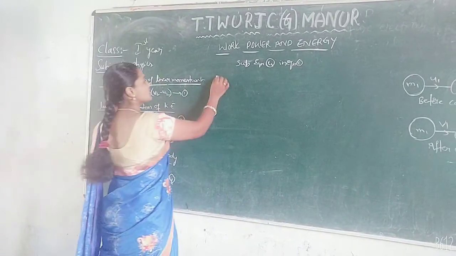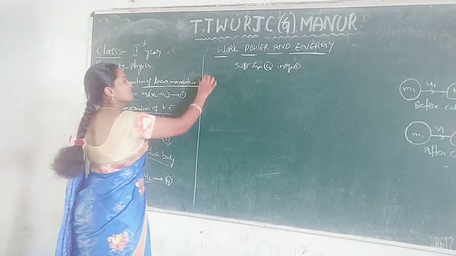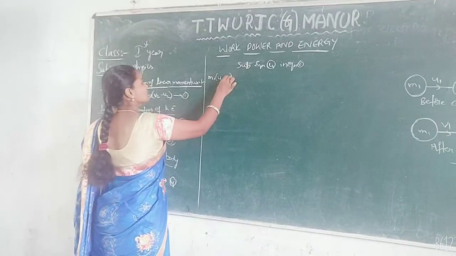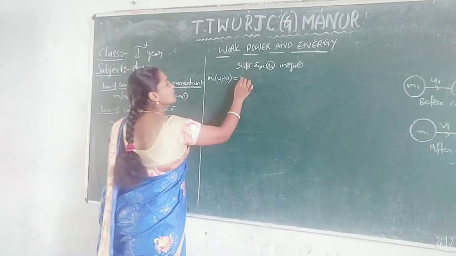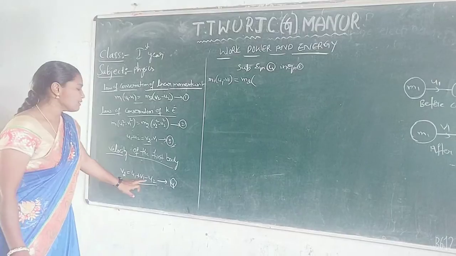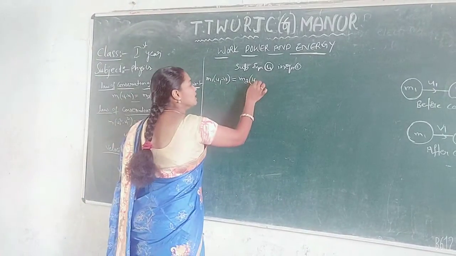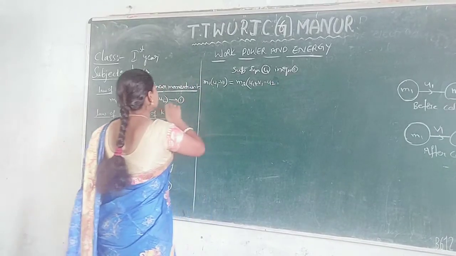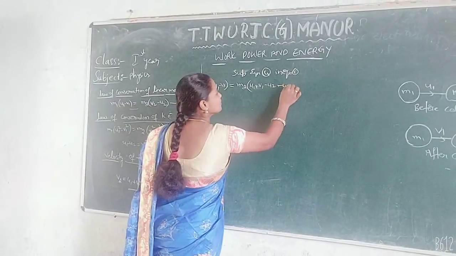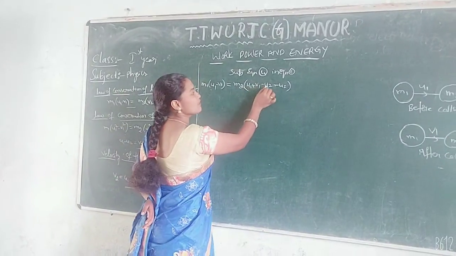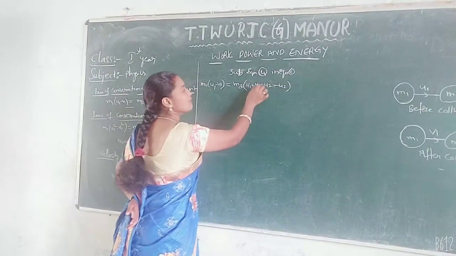So the left hand side is the same, that is m1 into (u1 minus v1), which is equal to m2 into, what is v2 here? u1 plus v1 minus u2, and what is remaining here? Minus u2. So u1 plus v1 minus u2 minus u2, we can write as u1 plus v1 minus 2u2.